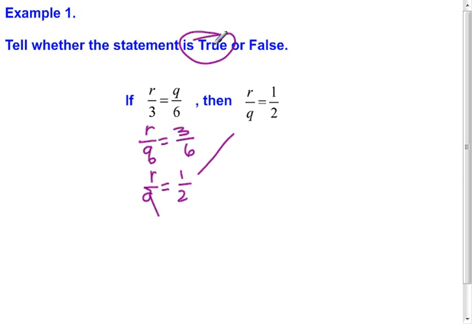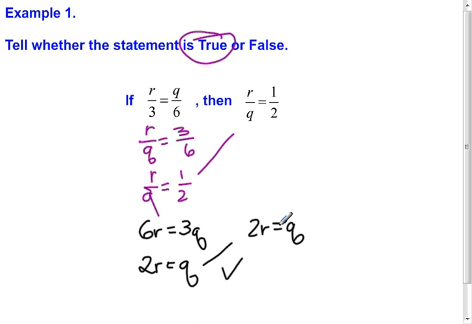So that is true. Another way to check it would be to cross multiply. On this side, I'd get 6R equals 3Q. I could divide both sides by 3, and I would get 2R equals Q. Over here, we would have 2R equals 1Q, which is the same, so we know that they're good.